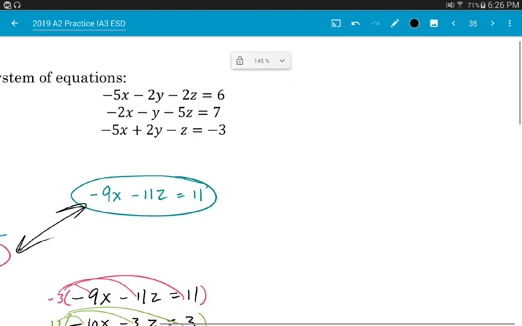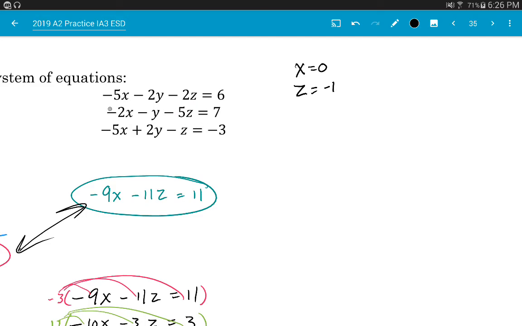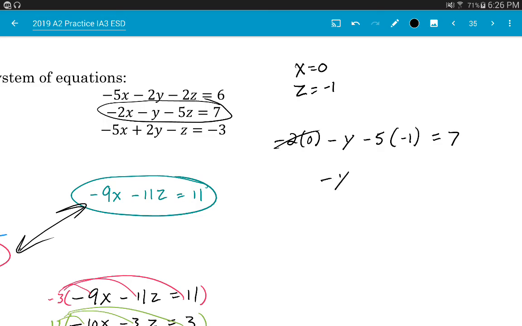So let's remind myself where I'm at. I've got that x is equal to 0 and z is equal to negative 1. I'm going to take this middle equation here. I'm going to try to find y. So negative 2x minus y minus 5z equals 7. This is 0, so forget about it. Negative y plus 5 equals 7.